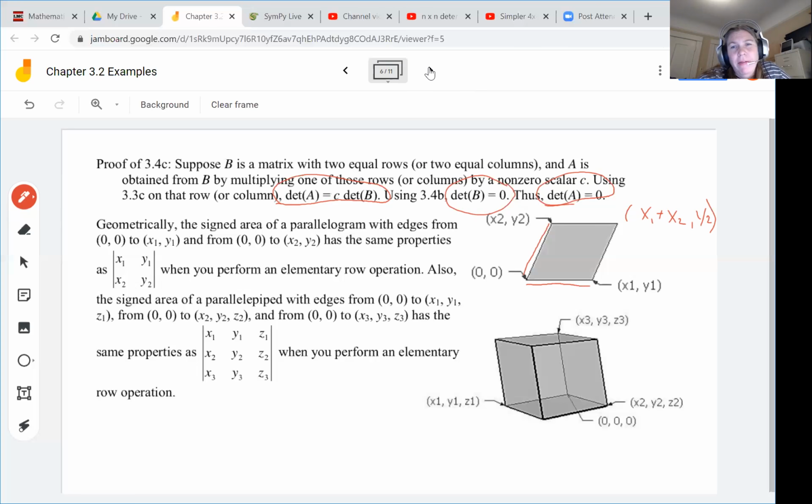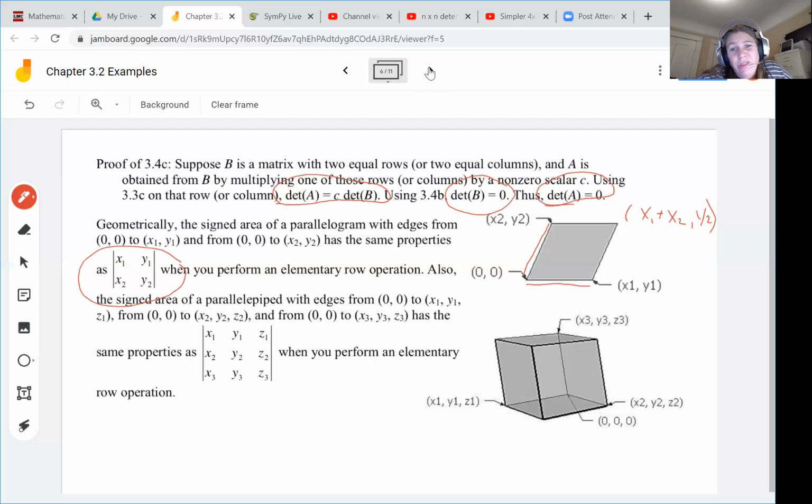If you think about the area of this parallelogram, that's just the 2 by 2 matrix x1, y1, x2, y2. That area has the same properties as this 2 by 2 matrix when you perform an elementary row operation.